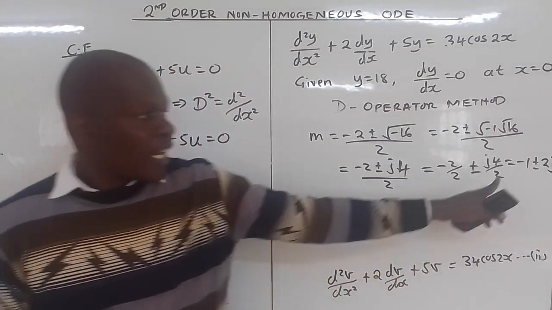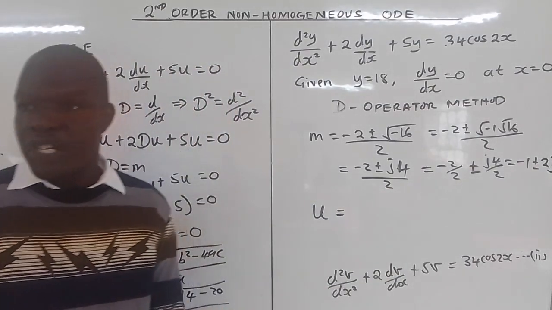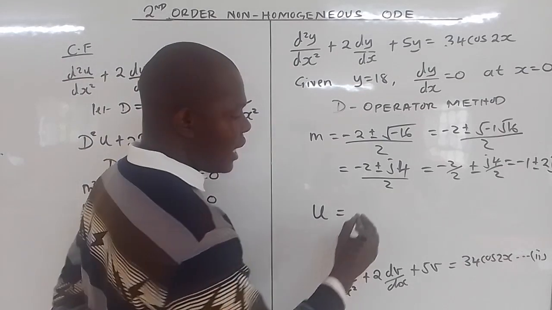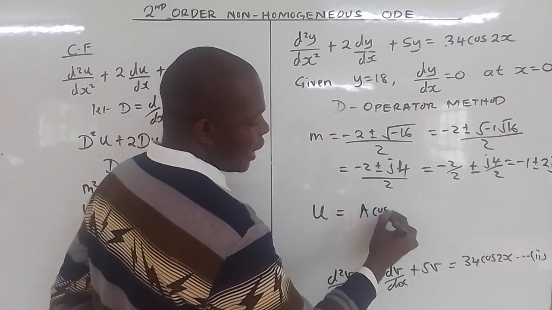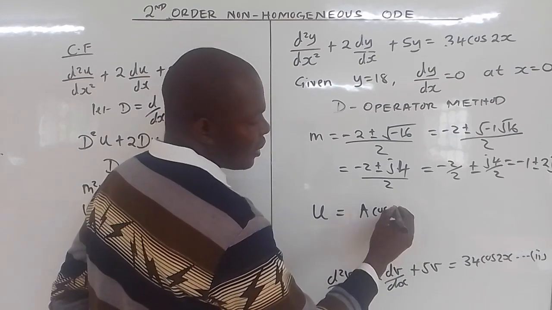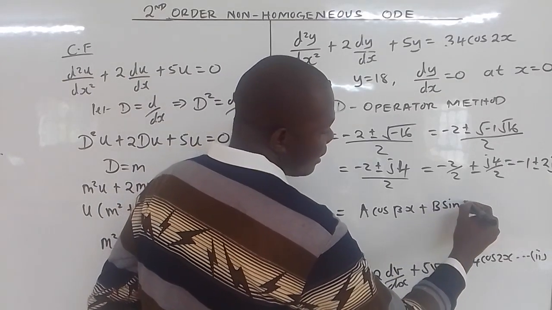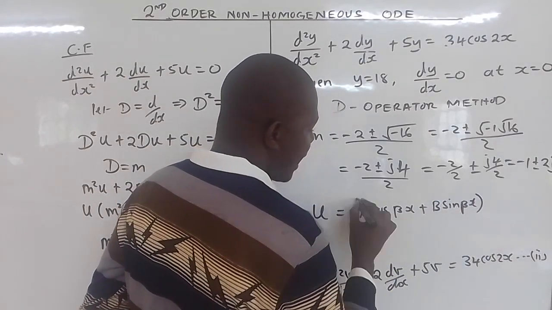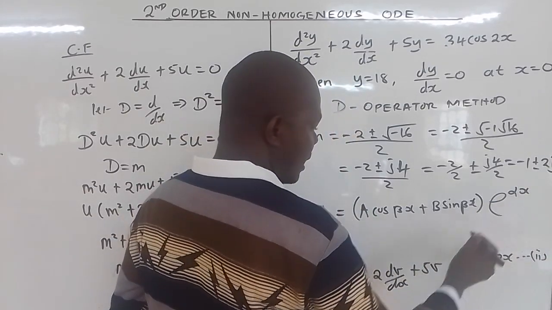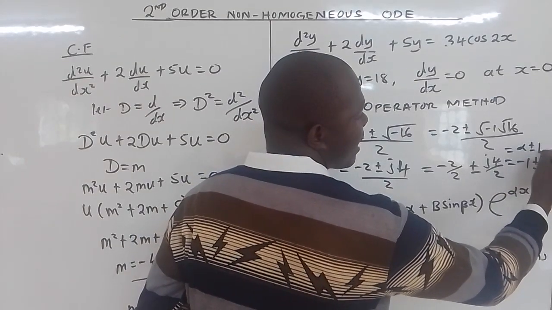When you have a real and imaginary part, what is the form of the complementary function? It is going to be a cos beta x plus b sine beta x, all times exponential alpha x, where this means your solution here was in the form alpha plus or minus beta j.